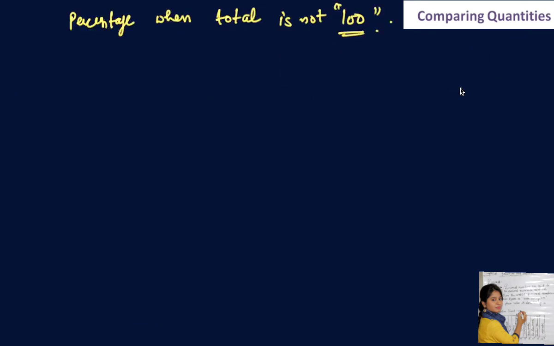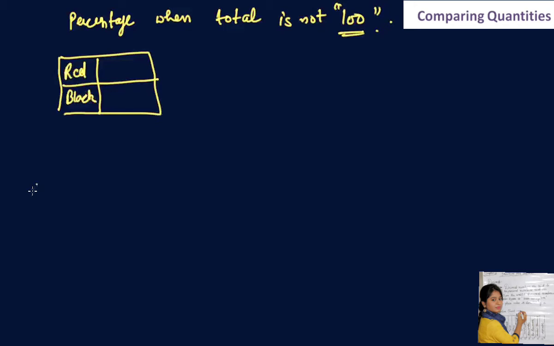So students, till now we have studied how to solve the question when the total is 100. Now we will learn how to solve percentage when the total is not 100. Let me give you one example to discuss. Suppose we have one bag, and in that bag we have red balls and black balls.